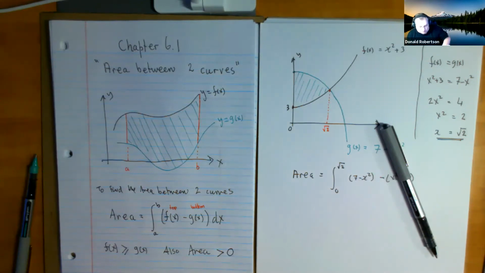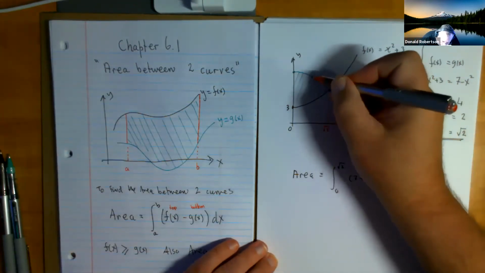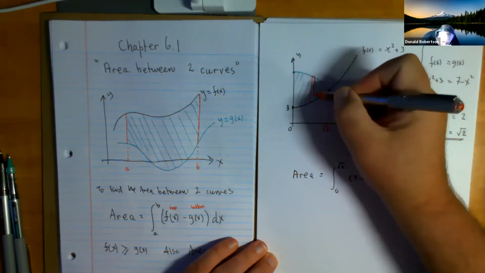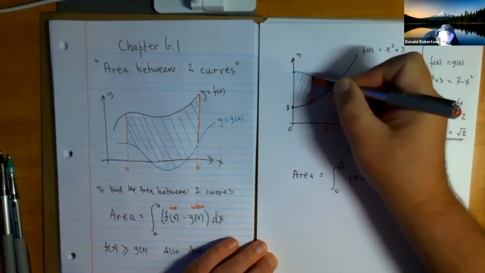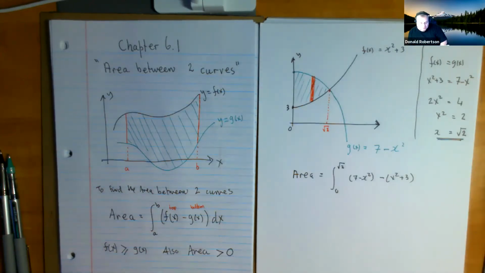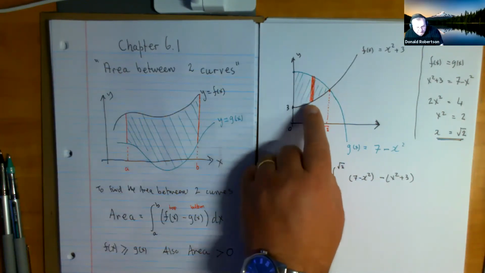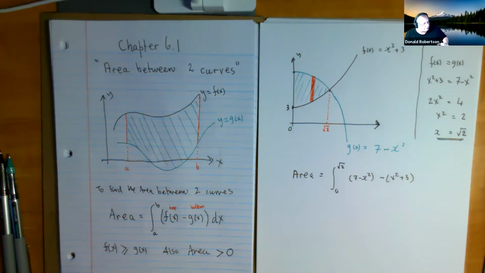In fact, in a lot of the questions in the homework, they put in a funny little rectangle that looks like this. And what this rectangle is meant to do is, can you see the top of the rectangle is the green guy and the bottom of the rectangle is the black guy? It's just a way of getting you to visualize who's high and who's low.